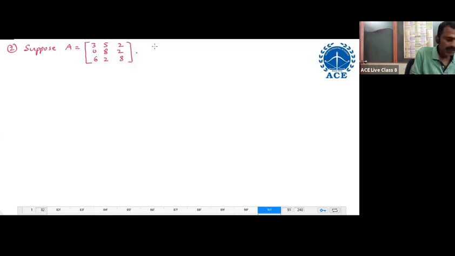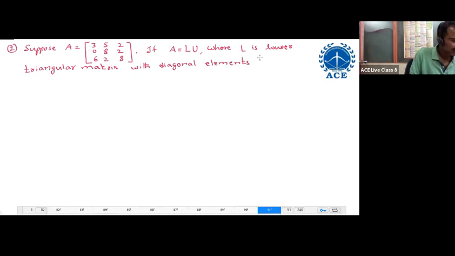If A equal to LU, where L is a lower triangular matrix with diagonal elements as unity, then U and L are. So we are asked to find the two matrices only.